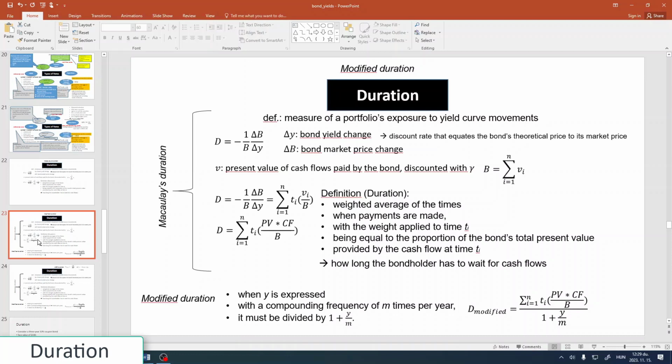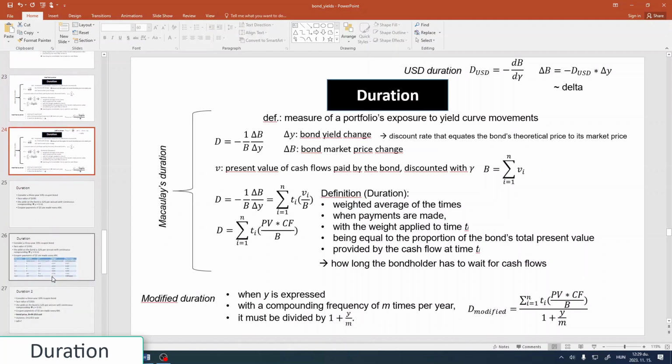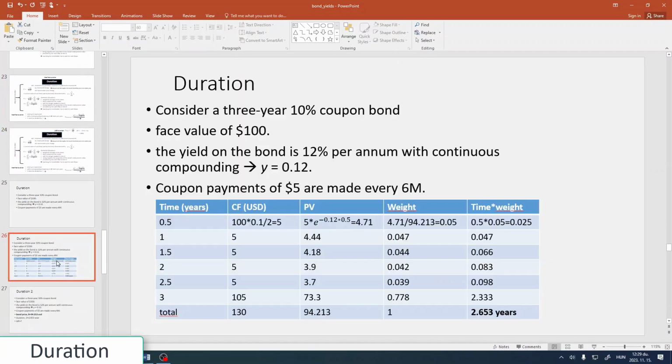But now let's see what happens. Can we calibrate these bond yields to be better, or at least the interest payments of the bond and all the other stuff here? Practically, what I would like to calculate today is duration.